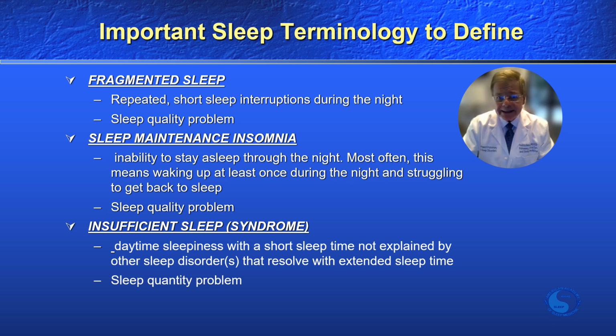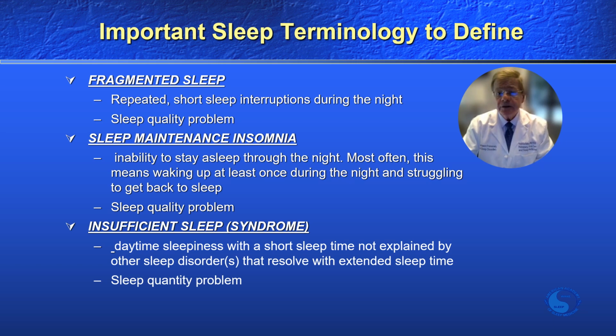The term fragmented sleep indicates short sleep interruptions, implying that the patient is able to go back to sleep relatively fast. On the other hand, sleep maintenance insomnia should be used when a patient wakes up during the night and struggles to get back to sleep.